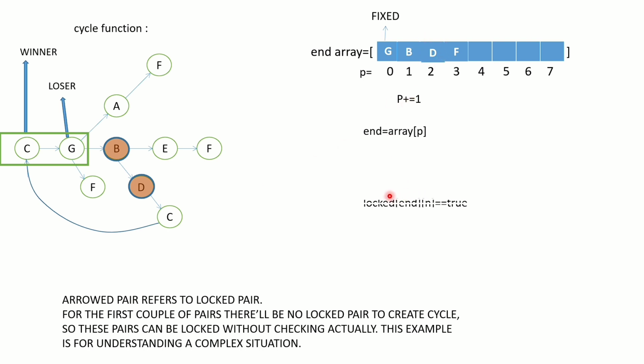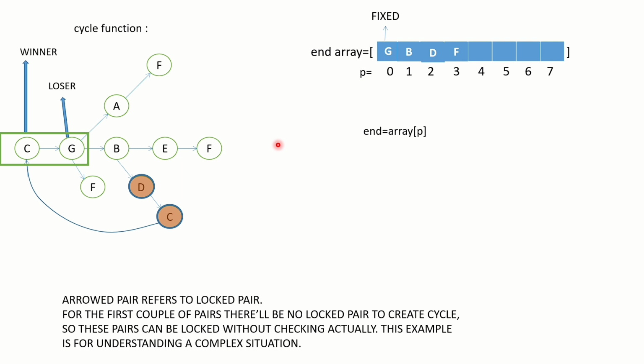Okay, then we have to move forward and boom, we have found C here. So it is creating a cycle because the winner is C and actually the path starts from C and ends with C. So this pair is creating a cycle, and that's why the cycle function should return true.